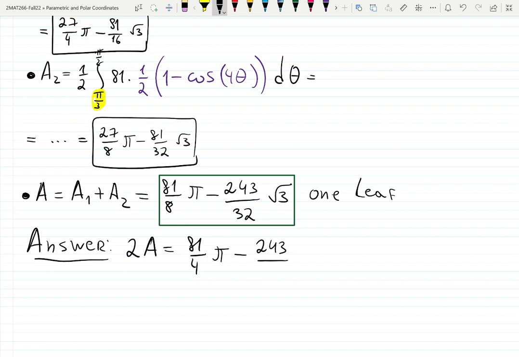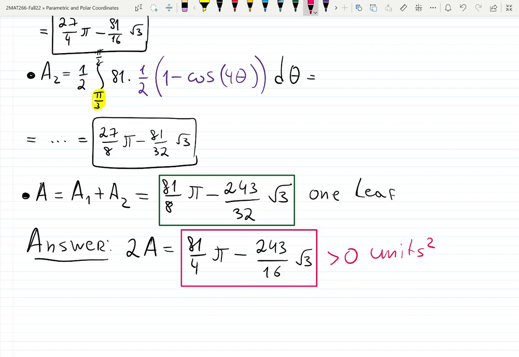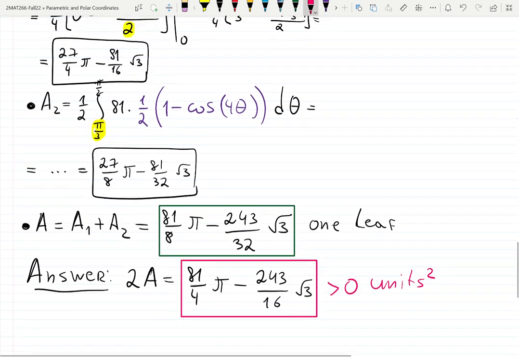So 243 over 16 square root of 3. That is the final answer, which you can actually find the approximate answer. This is area, remember, it's like some kind of actual physical object. Positive units squared. Good job for watching.